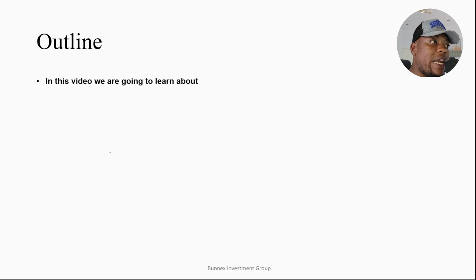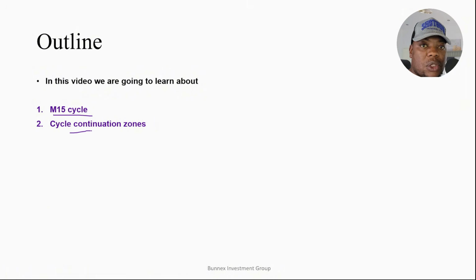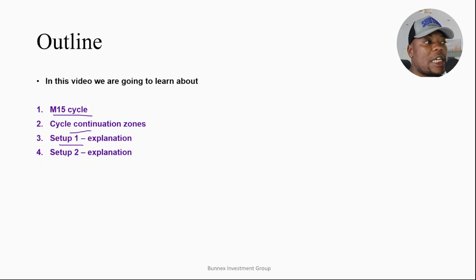Right, so we are going to talk about the M15 cycle, which is basically the backbone of everything that we are going to be talking about. Then we are going to talk about cycle continuation zones, which is the second setup. Then third, we are going to talk about the explanation for setup 1, explanation for setup 2, entry criteria for setup 1, entry criteria for setup 2.